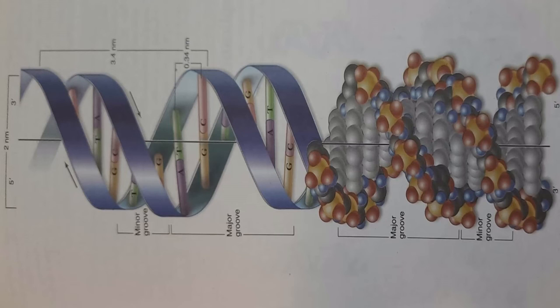The conformation that DNA would adopt in a solution would depend on the hydration level, the DNA sequence, chemical modification of the bases, and the presence of metal ions in the solution. There are other forms of DNA also, such as A form and Z form. This is the B-DNA or B form of DNA.